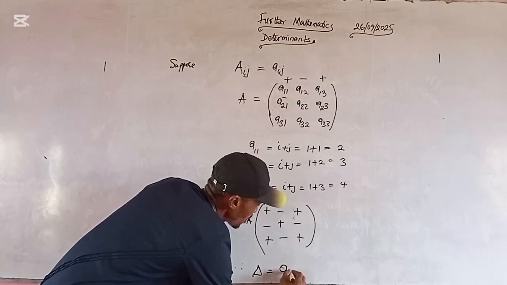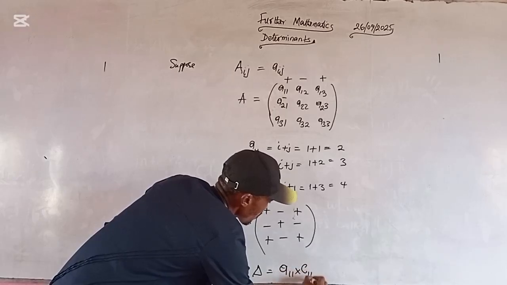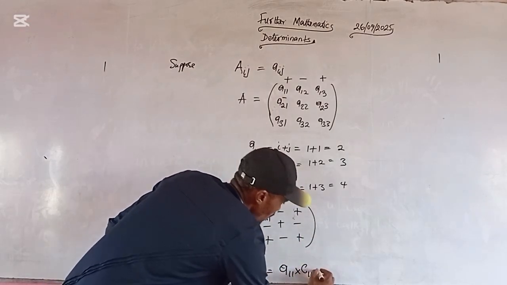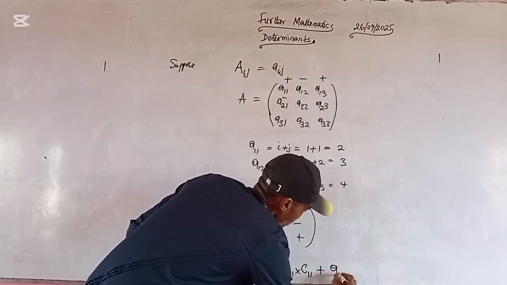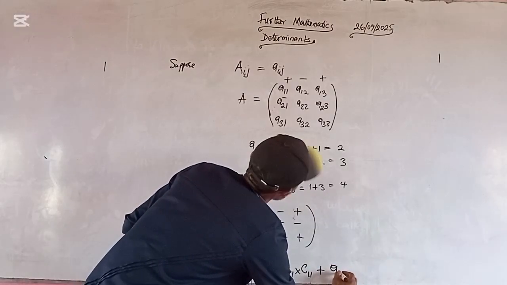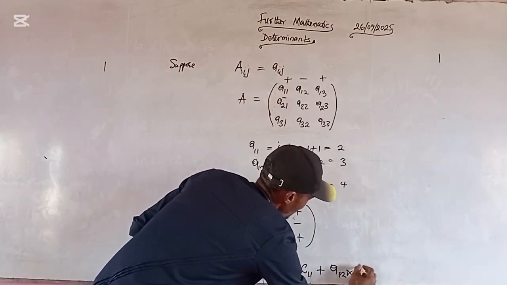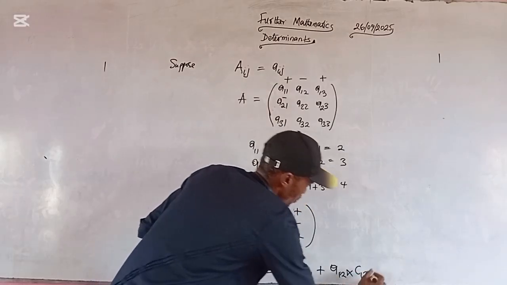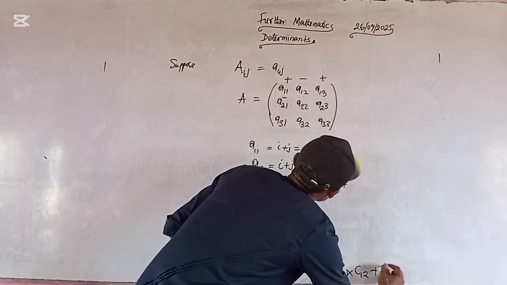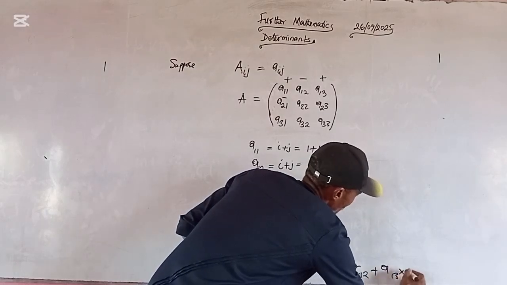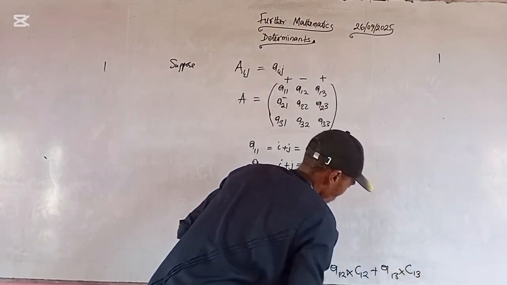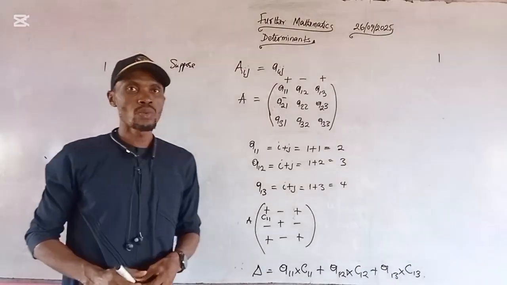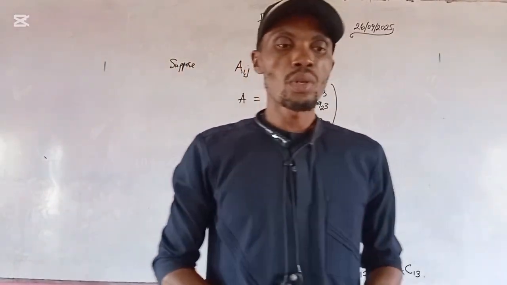So the determinant is A11 times C11, plus A12 times C12, plus A13 times C13. Now we are going to take a few examples on this.